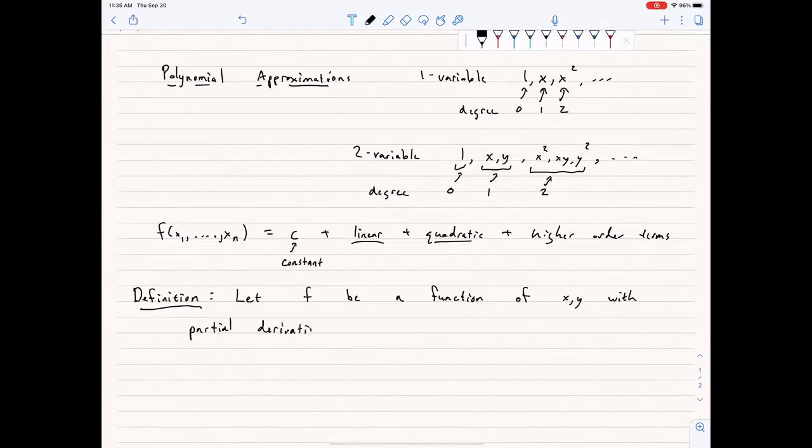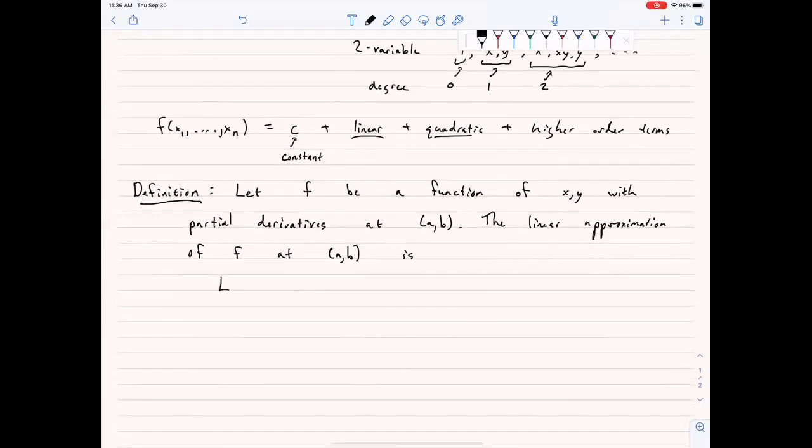So in other words, the partial derivatives exist at a point (a, b). Then the linear approximation of f at (a, b) is the following function.